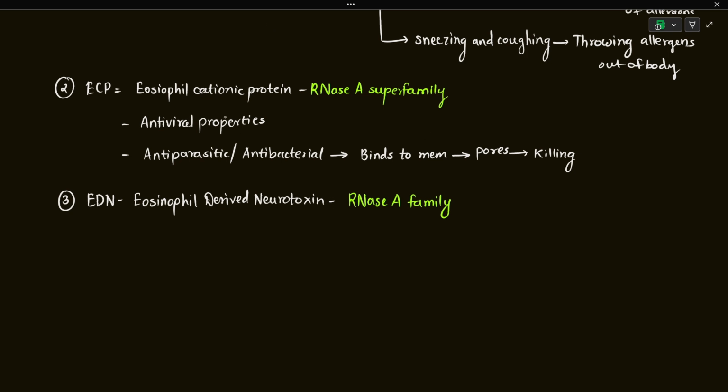So compared to ECP, the killing capacity of EDN is not that effective, but the RNase activity, the RNA cleaving capacity EDN has, is much stronger than ECP.